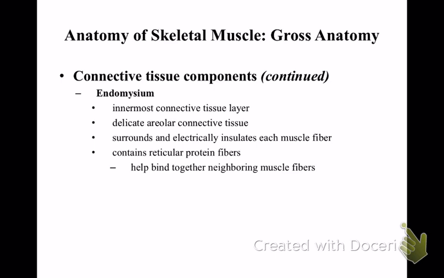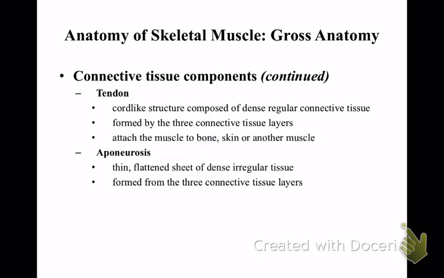One thing I didn't mention about the endomysium is it doesn't just connect the muscle fiber to the tendon. It also insulates that muscle fiber from the neighboring muscle fibers. It prevents the electrical signal from short-circuiting between two different muscle fibers. And then, of course, we have the tendon.